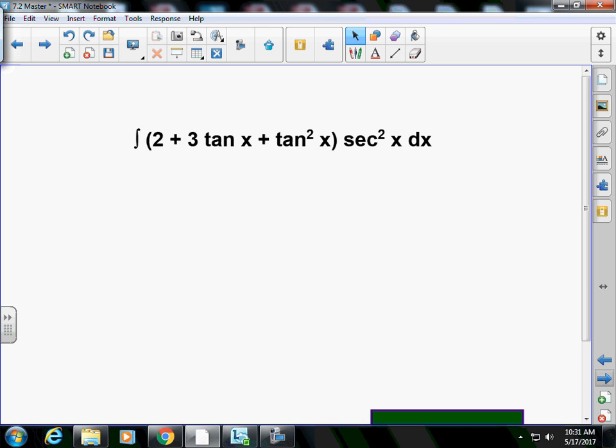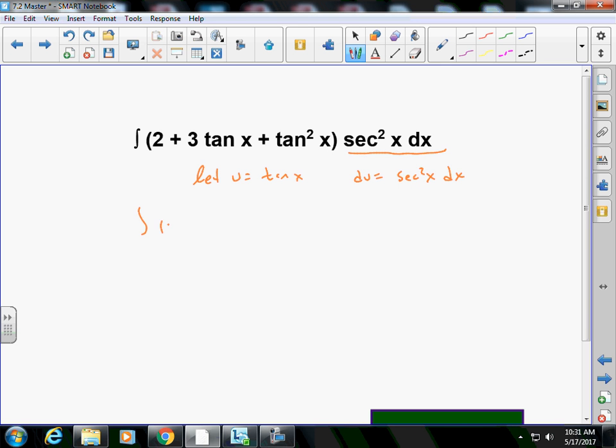So again, if I let u equal tangent x, here's my du. So just like we did earlier with the sine problem, I end up with 2 plus 3u plus u squared du.